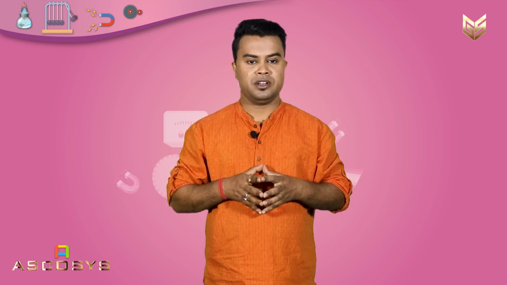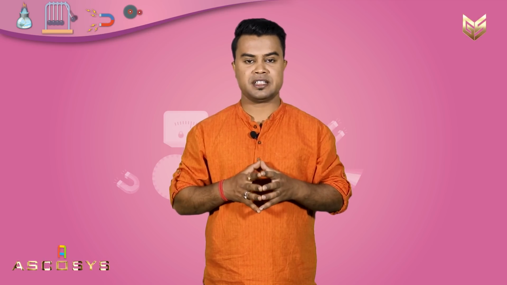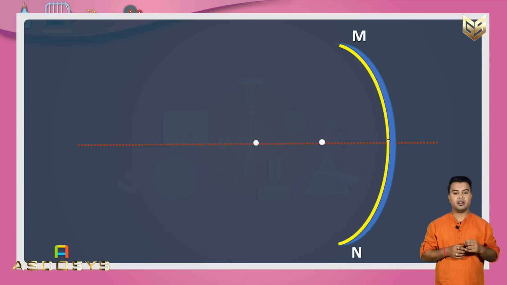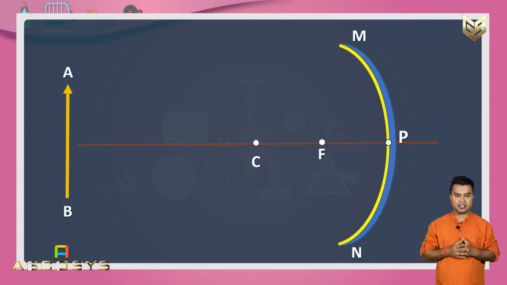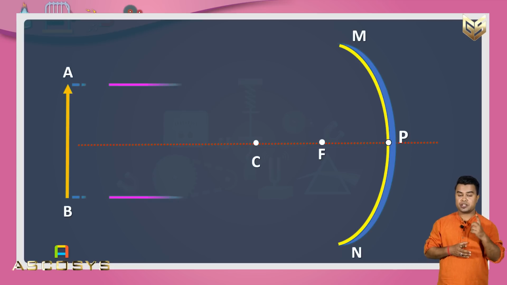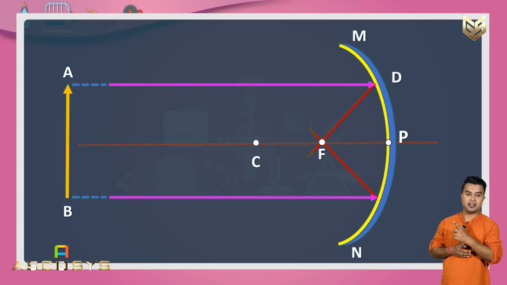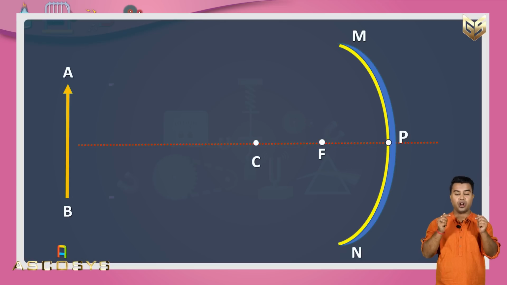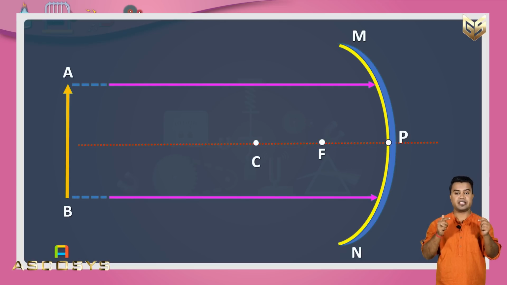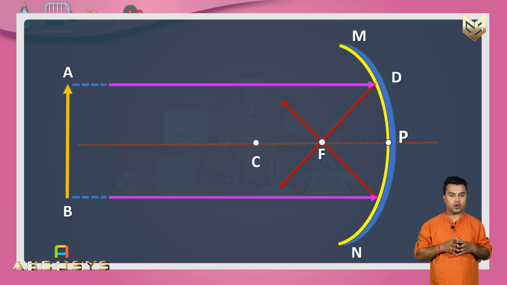The first case, let us see image formation when the object is at infinity, kept at very far distances. In the case of concave mirror we are studying, the ray will strike parallel to the principal axis, okay, and it will come through the focus, meaning all the rays coming from infinity get reflected back and come to the focus.